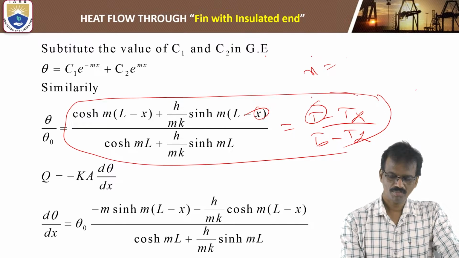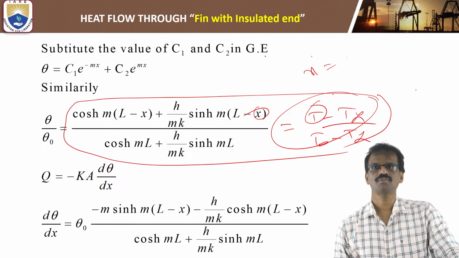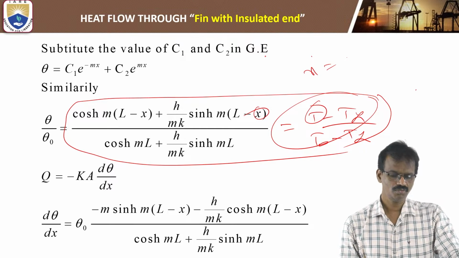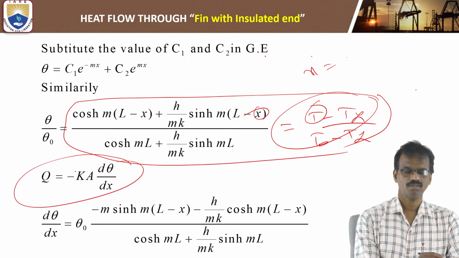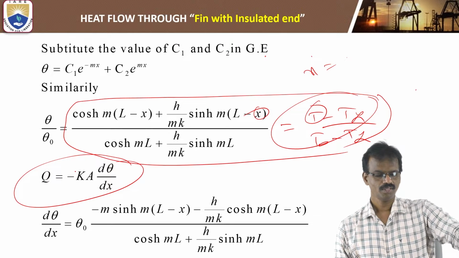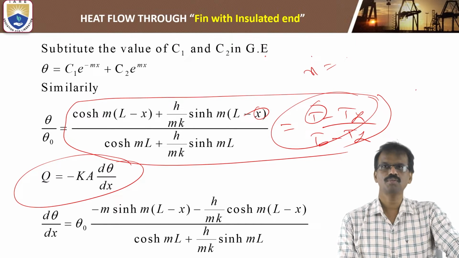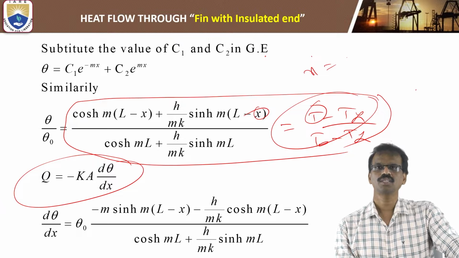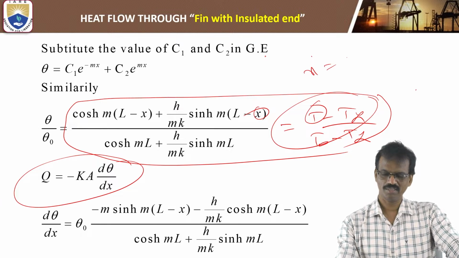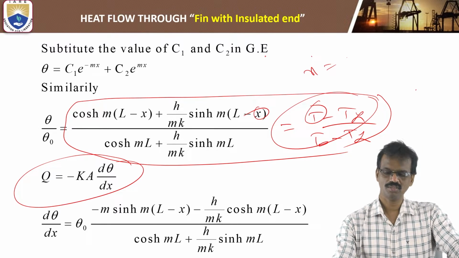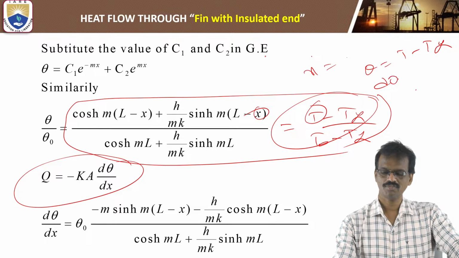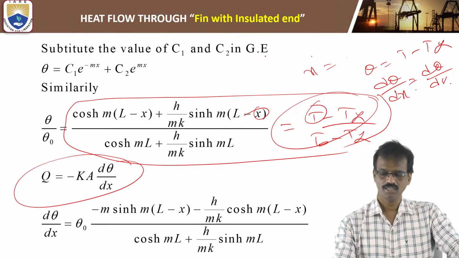So by using this temperature equation, we can find out the rate of heat transfer. For this one, you know Fourier's law for conduction. So Q is equal to minus kA into dT by dx, or d theta by dx, because theta is equal to T minus T infinity. The derivative of theta with respect to x is equal to dT by dx.